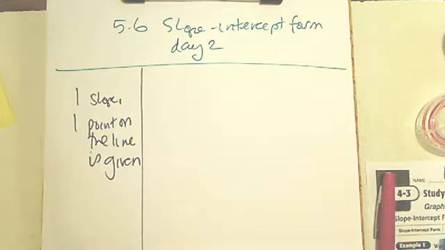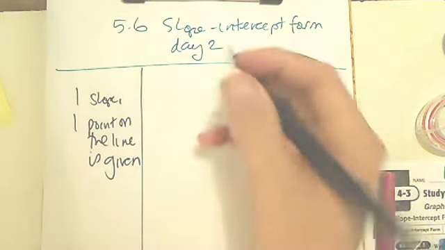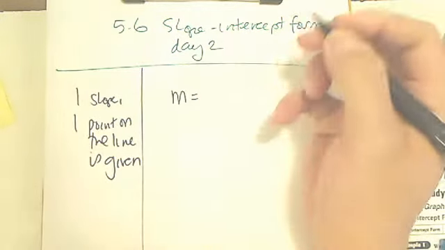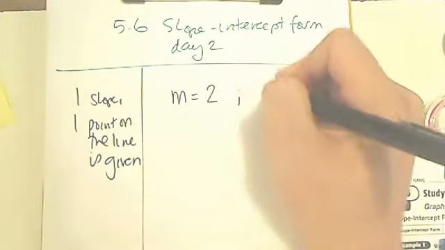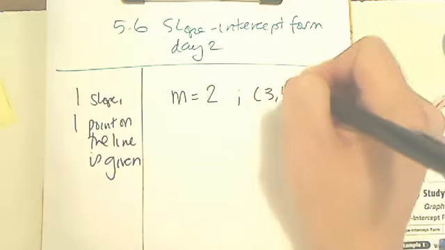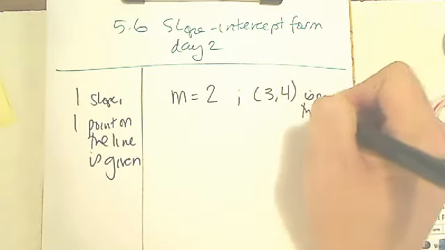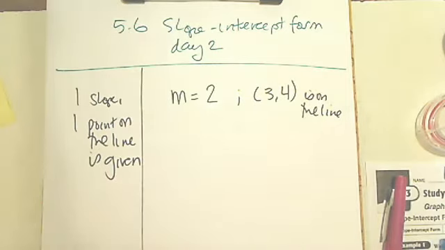But this part we didn't really talk about yesterday. If you're only given a slope and it says 3, 4 is on the line, meaning that point is on the line when you graph it out, the question wants you to find the equation just by looking at the point and the slope, by solving it out, without even graphing it.